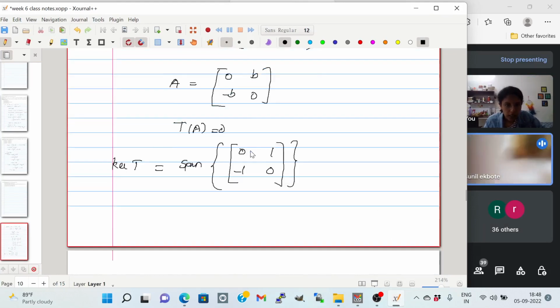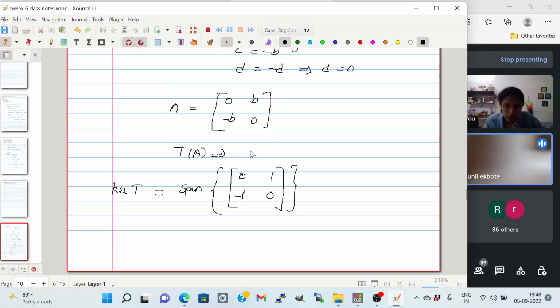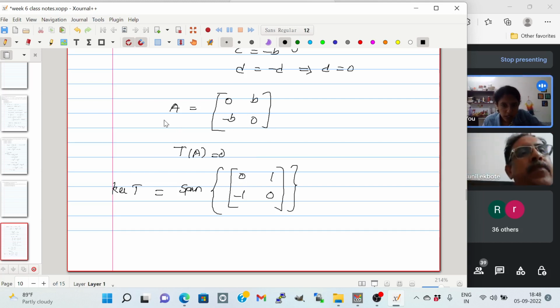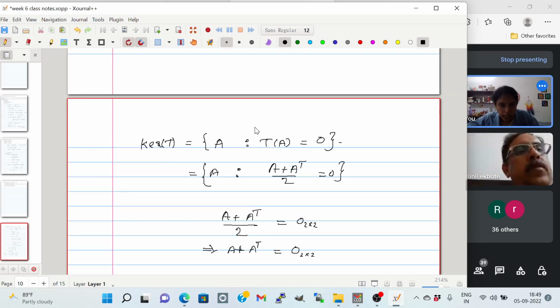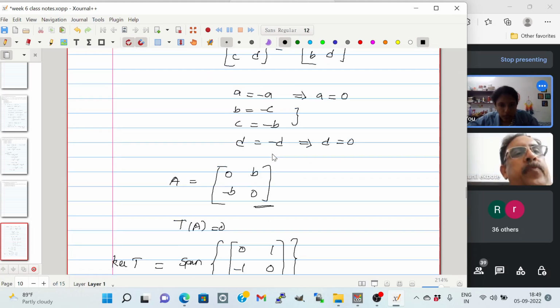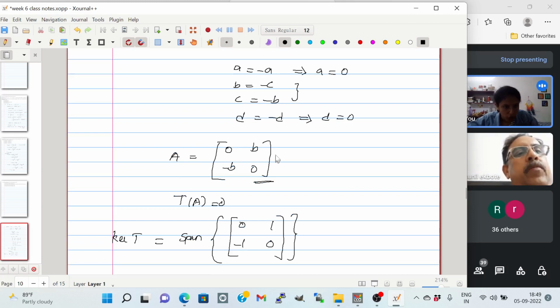Okay, up to this portion, it's clear. We started with the kernel condition, so we end with A being in this form.